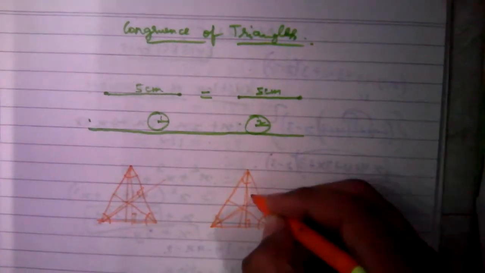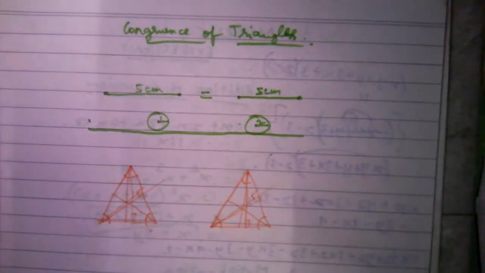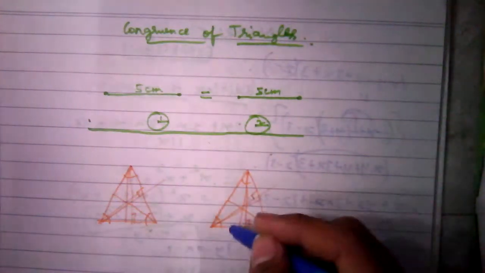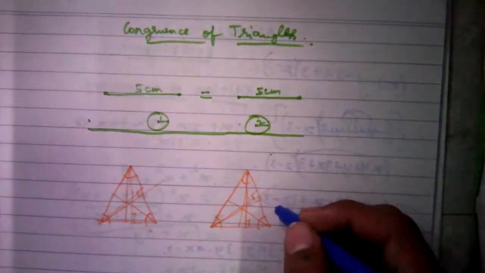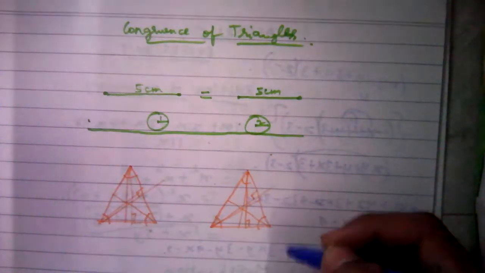Actually the pen ink is running out, let me change it. In a triangle, when all these are equal, only then we say that the two triangles are congruent to each other.